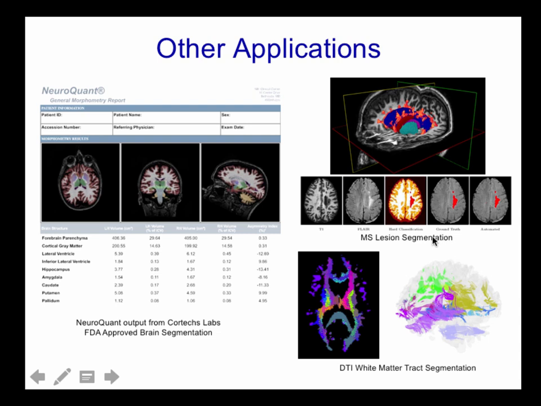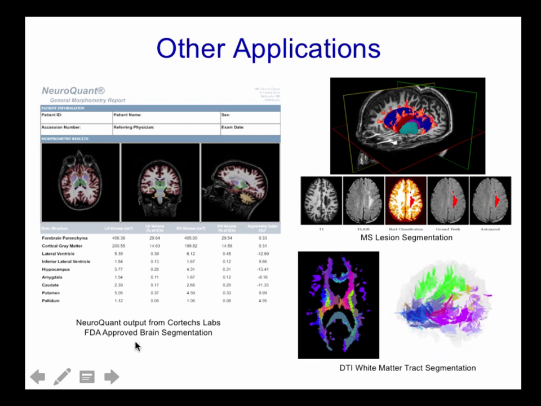Some non-fMRI applications are listed here, and this is actually a clinical product that I'm showing on the left. It's called NeuroQuant, the output from this software made by Cortex Labs. It's an FDA-approved product, so radiologists can actually use this if they're interested in computing volume.